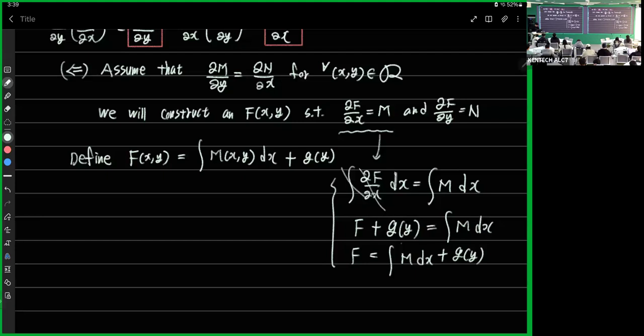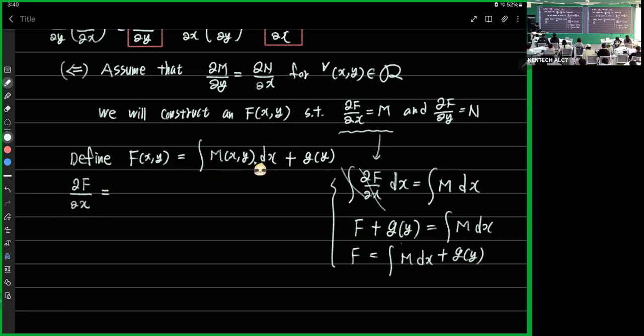Now what are you gonna do? We take the derivative of f with respect to y. Okay, so now we take the partial derivative of f with respect to y. Oh, sorry. Before doing that, we take the derivative with respect to x. So then what?